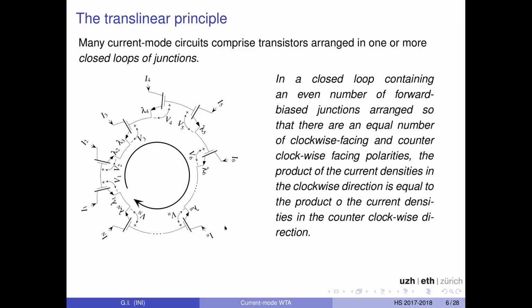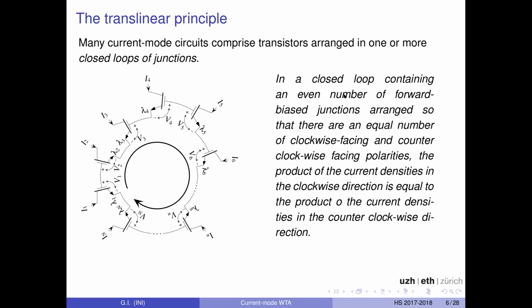Now, the translinear principle is based on the use of translinear circuit elements. In this case, I'm showing you a picture from Barry Gilbert's book with bipolar symbols, but you could replace all of these bipolar transistors with MOSFETs, assuming they are operated in subthreshold. And the principle defined by Barry Gilbert is written here.